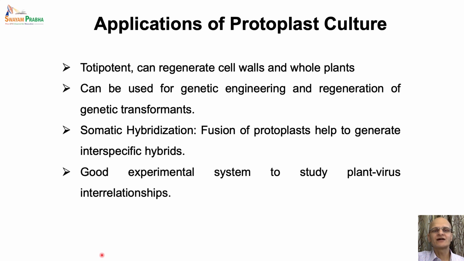Protoplasts are a good system to study the interaction between plant cells and viruses. In general, the infection process in plants is not synchronous and the infection establishment is also difficult. Usually it is restricted to cells with damaged cell walls.